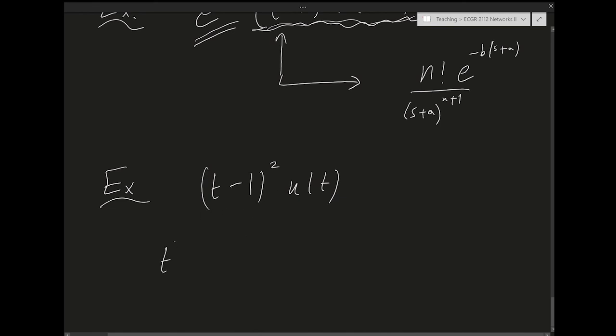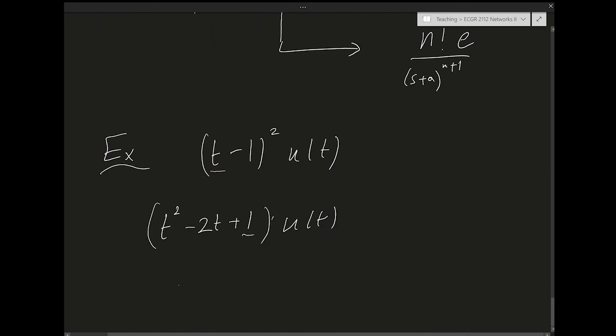This is going to be t squared minus 2t plus 1, right? Square of the first term, square of the second term, 2 times the first term times the second term. So this equals t squared u of t minus 2t u of t plus u of t.